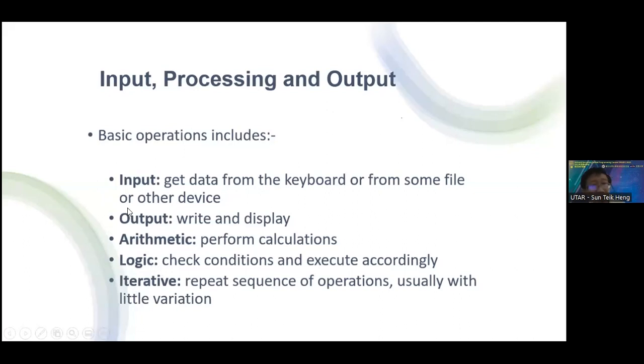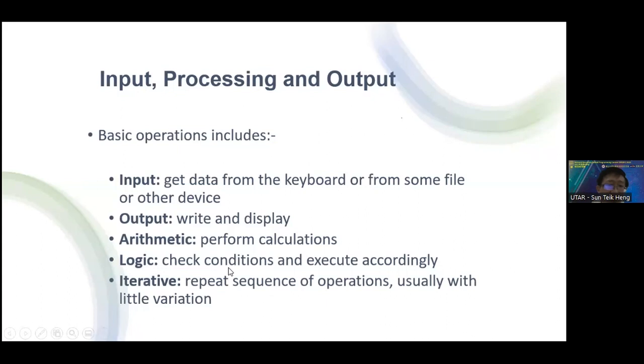Your processing, like for example arithmetic operations, you do some mathematical computations, right? Logic, you do some, for example, reasoning. If the traffic light is red, I stop my car. If the traffic light is green, I press on my pedal. So there is a logic.